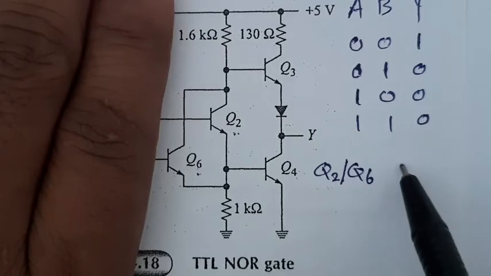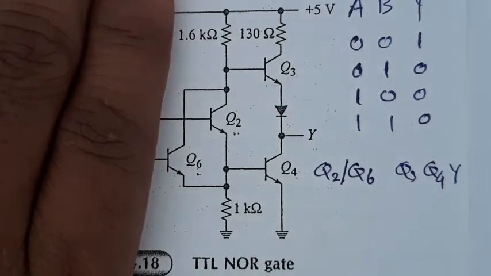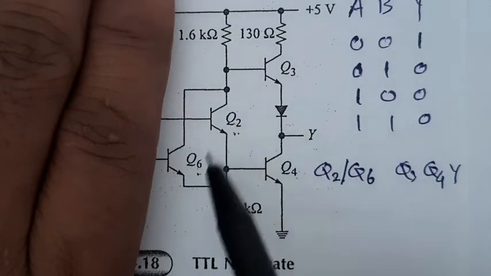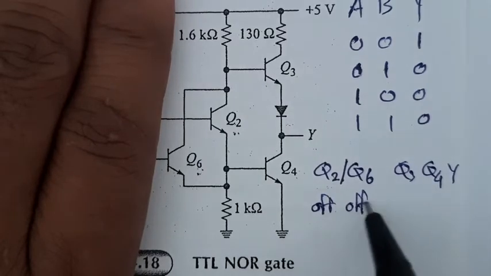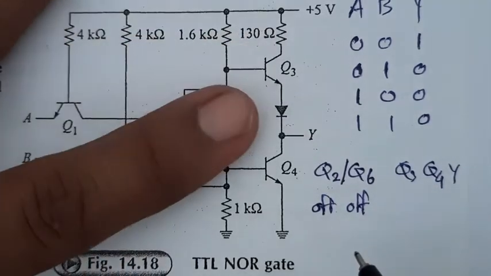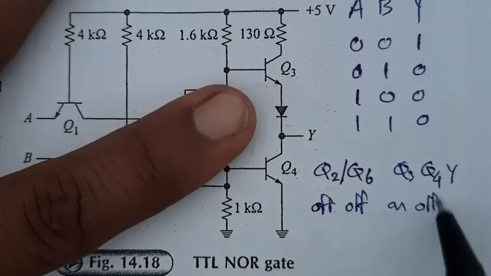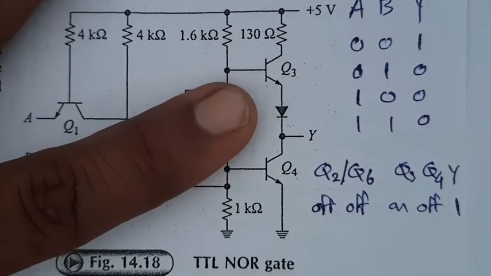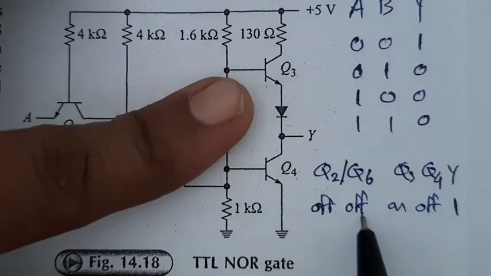I will write the status of Q2, Q6, then the status of Q3 and Q4, and then the output Y. Suppose both Q2 and Q6 are off, then only Q3 will be on, Q4 will be off and the output will be 1. This happens only when both Q2 and Q6 are off.